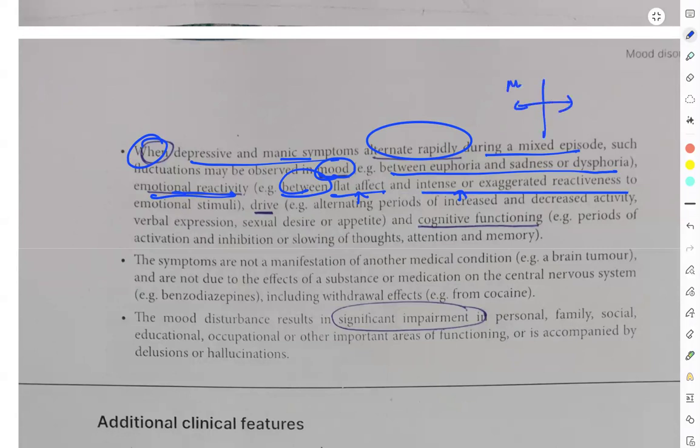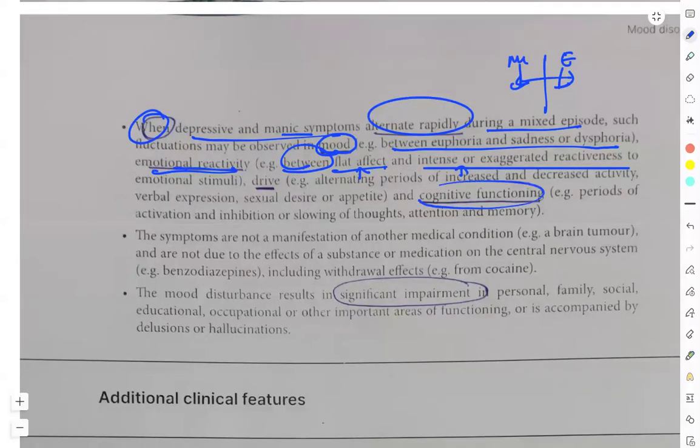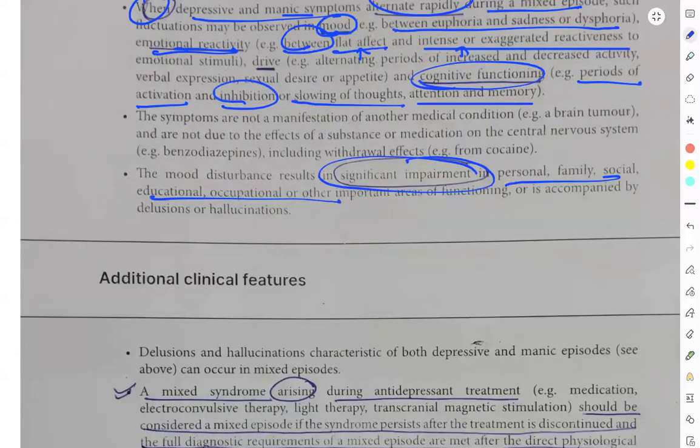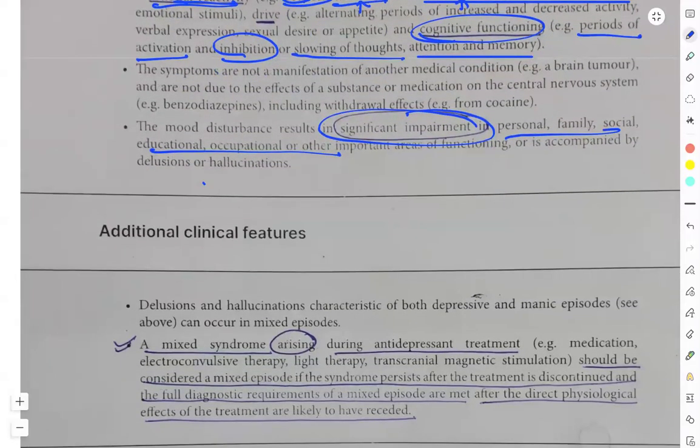So in the morning they were very happy, by the evening they are very dysphoric, very irritable. All right. And even cognitive functioning might be fluctuating with periods of activation and inhibition or slowing of thoughts, attention, and memory. All right. Now, this actually poses significant impairment in all the domains of functioning and may be accompanied by delusions or hallucinations.